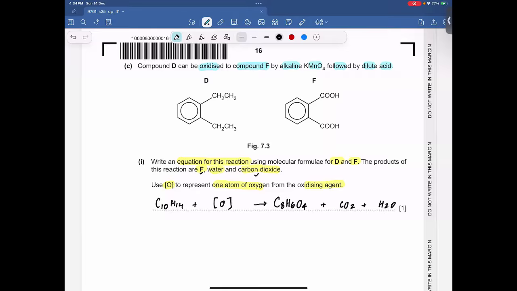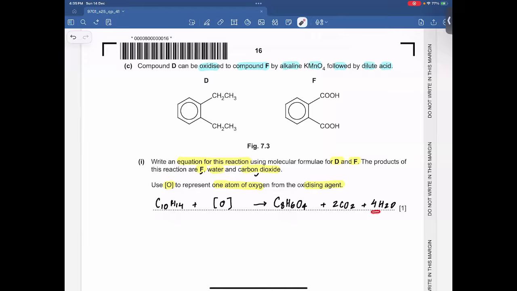Okay. So how many carbon atoms here? 10. We have 8. So we need to put 2 here. So carbon atoms balanced. How many hydrogen atoms now? 14. How many hydrogen atoms here? 6. 14 तो उसी वक्त होगा जब यहां पर आप 4 अप्लाई करेंगे.